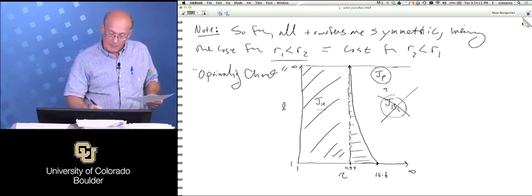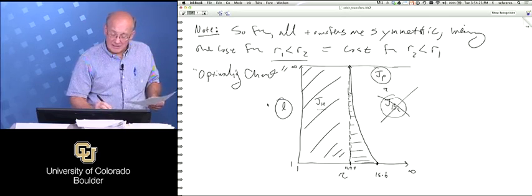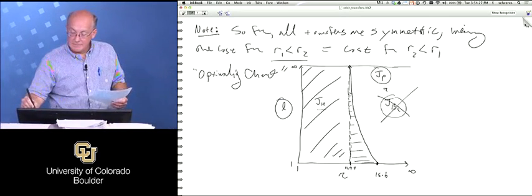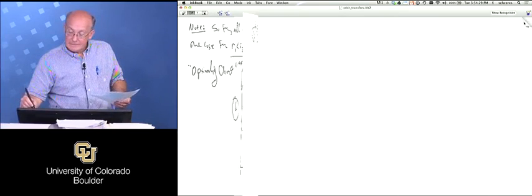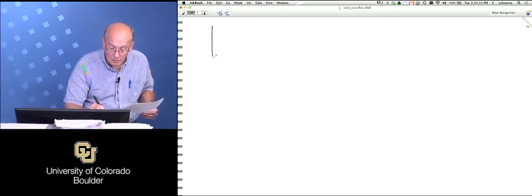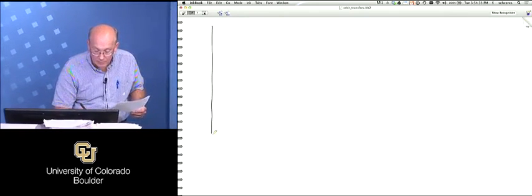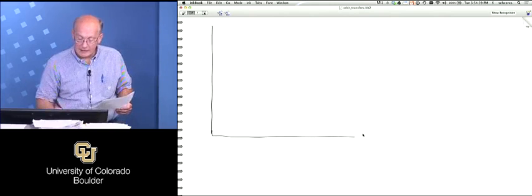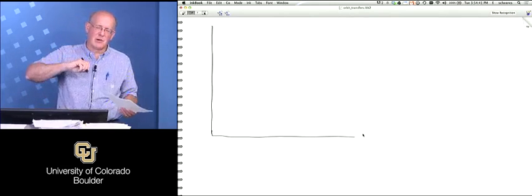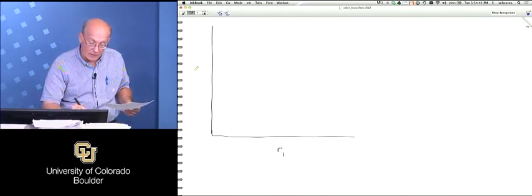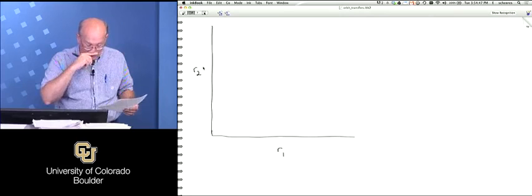It turns out, however, we don't actually need this L because it doesn't play a role in the optimality. So what we actually can do, which will turn out to be a little more useful in a bit, is to break down our optimality chart, not in terms of the ratio of R1 to R2, but as a function of R1 and R2.